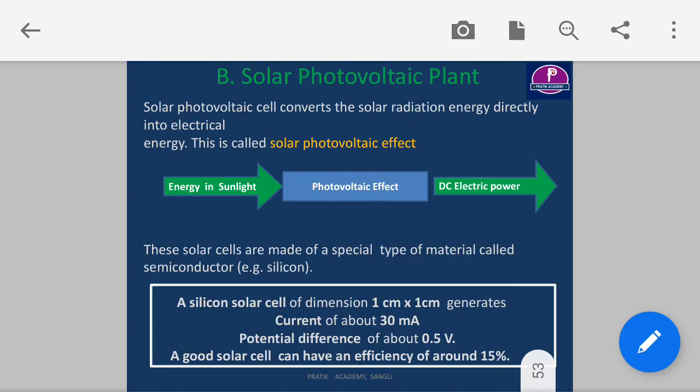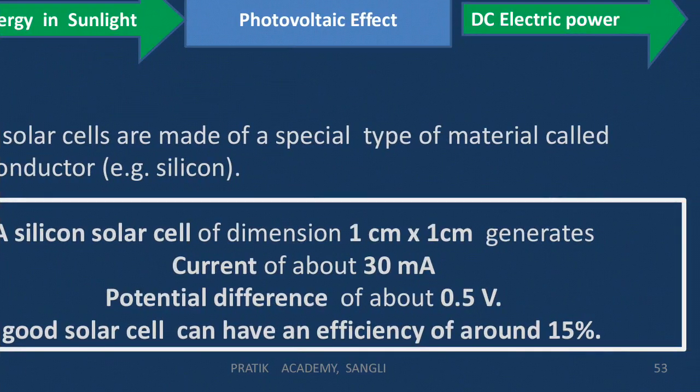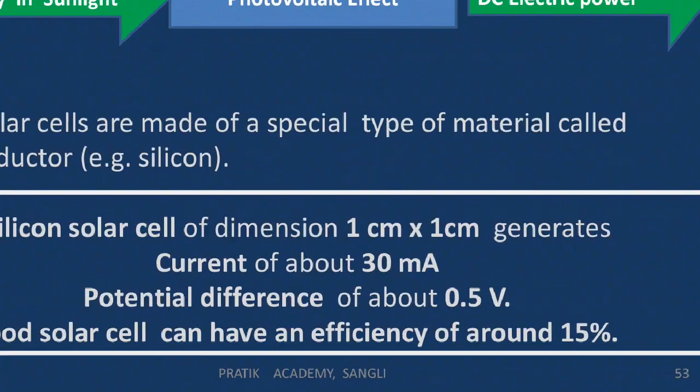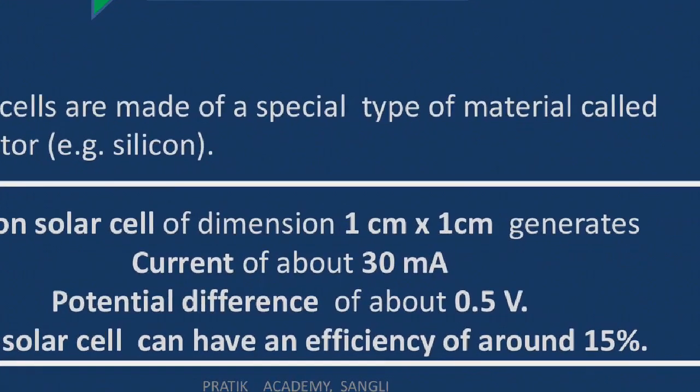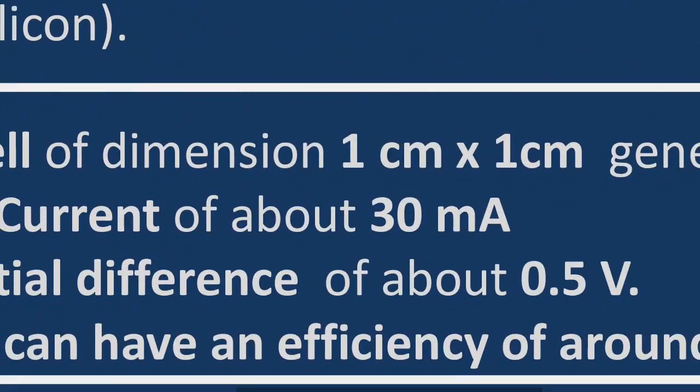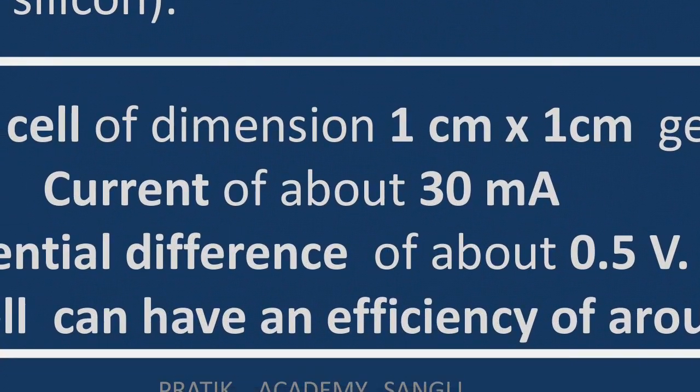here we have taken one example. If you take a solar cell of size just 1 centimeter by 1 centimeter, then it can produce electric current of about 30 milliampere and potential difference of about 0.5 volt.